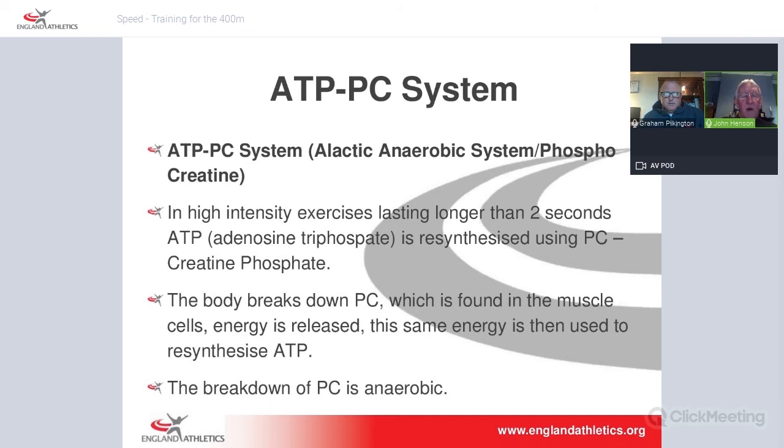One phosphate is used to produce the energy, leaving adenosine diphosphate, and during the recovery period, this is resynthesized using phosphocreatine back into the useful energy store, which is the adenosine triphosphate. So that is basically the circular system that it works on.